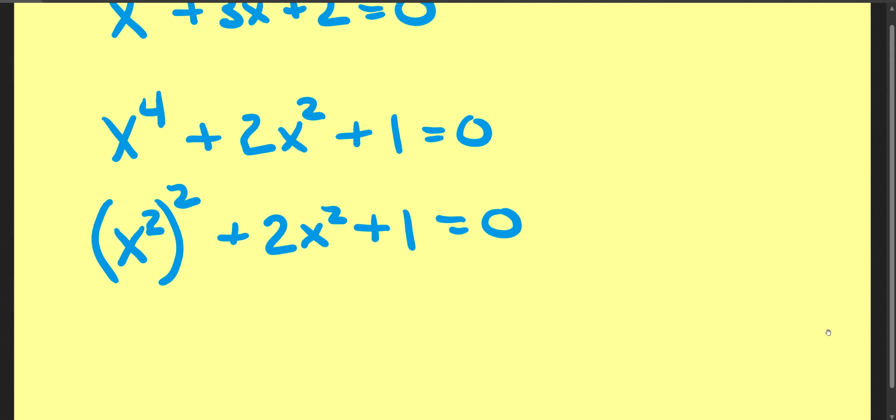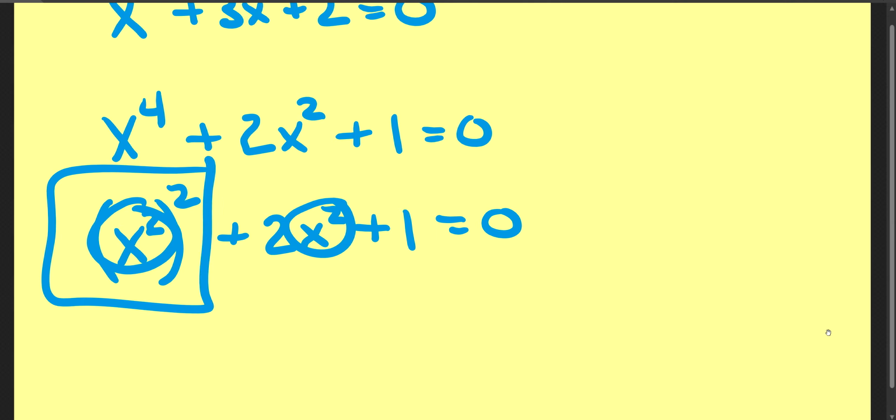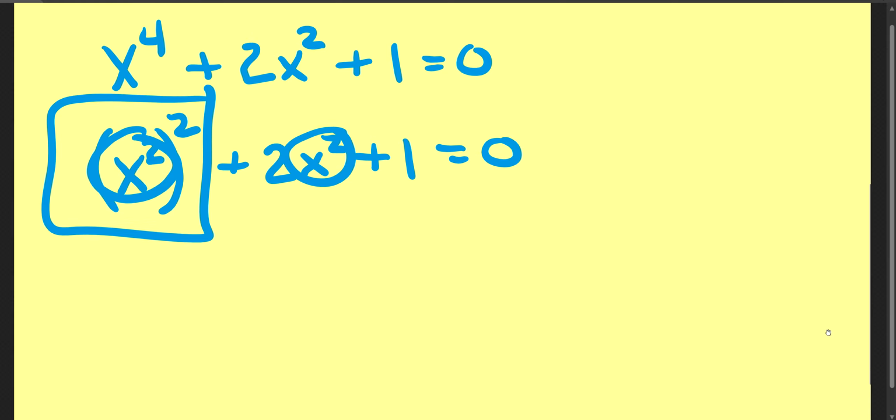Now, my middle term is the x squared, and that's another key feature that we want. We want them to be the same. So getting back to my point, I'm rewriting this x to the fourth equation as x squared raised to the second power.